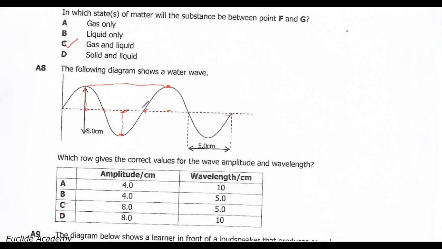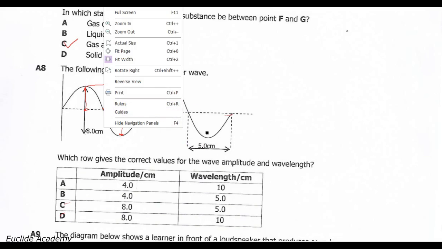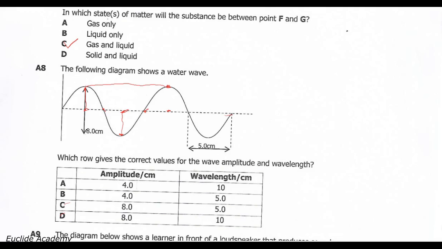So it's like you have 5 plus 5 to make the wavelength, so that will be 10. So it will be 4, 10. The wavelength is 10 and the amplitude is 4. So A will be your correct option here.